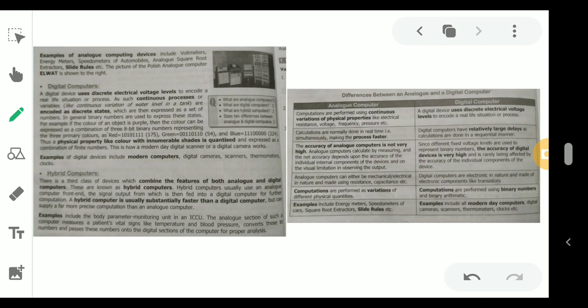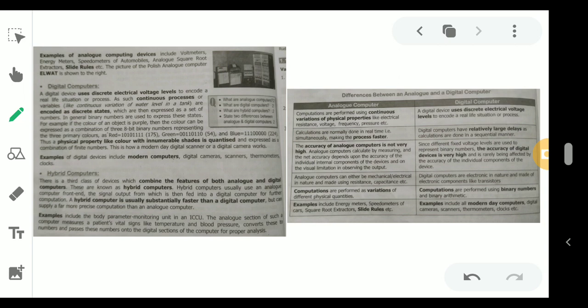But a digital device uses discrete electrical voltage levels to encode a real life situation or a process. Like I said, red is encoded as 10101111.